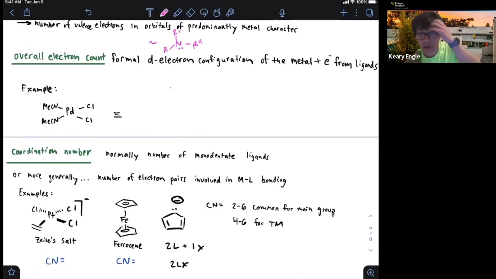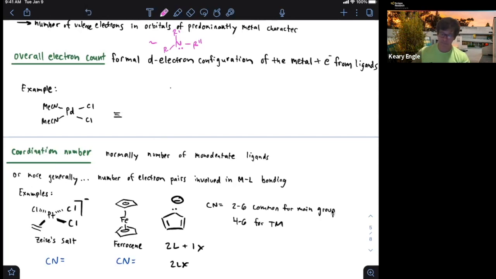One point I want to make here is that there are 2 schools of thought for doing electron counting: the ionic method and the covalent method.